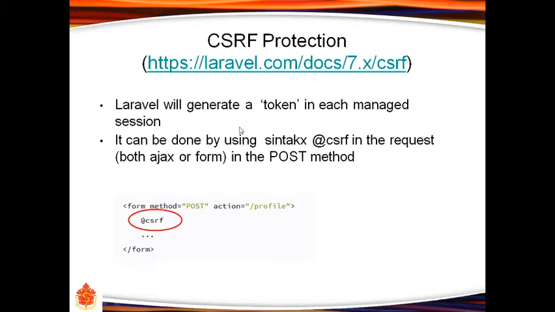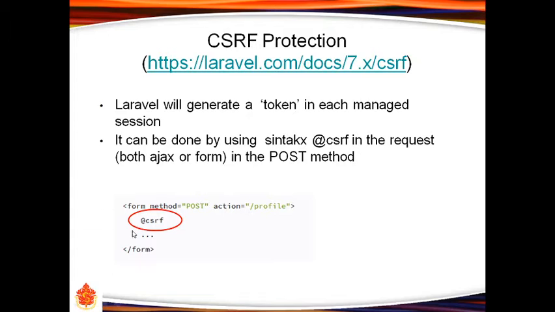done with simple syntax. Just put @csrf in the request, be it Ajax or forms. Maybe if we create Ajax, we also have to put the CSRF in the Ajax parameters.